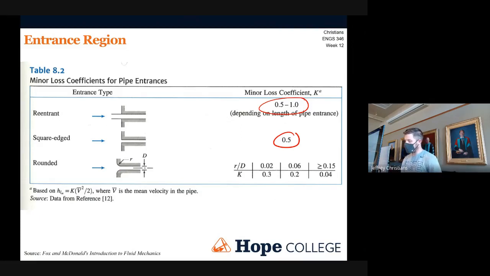If you have a rounded entrance, then your loss coefficient is going to depend on the degree of curvature of that entrance. So you may be able to get as low as 0.04. You might have less friction losses with a gradual entrance than with an entrance like this one here, just a straight wall with a pipe coming out of it.